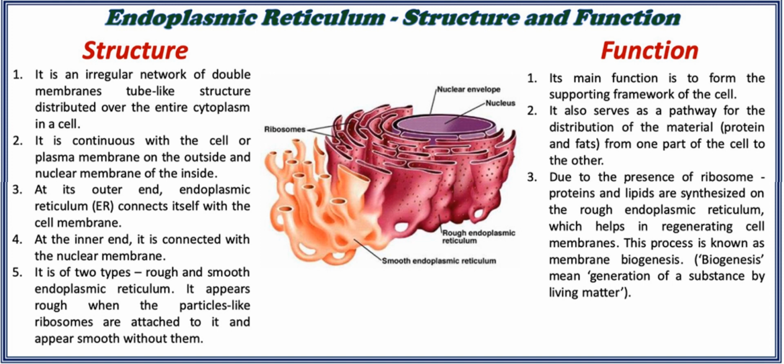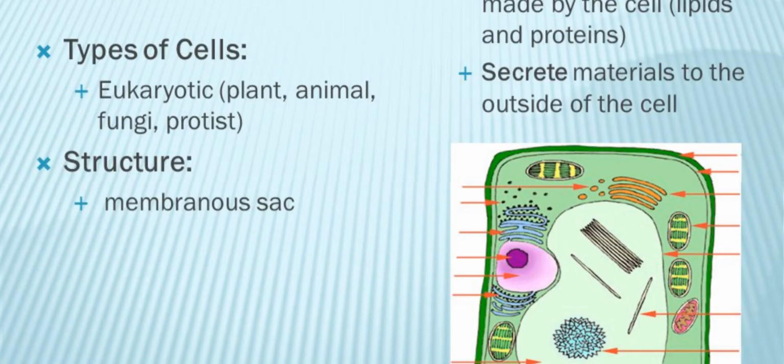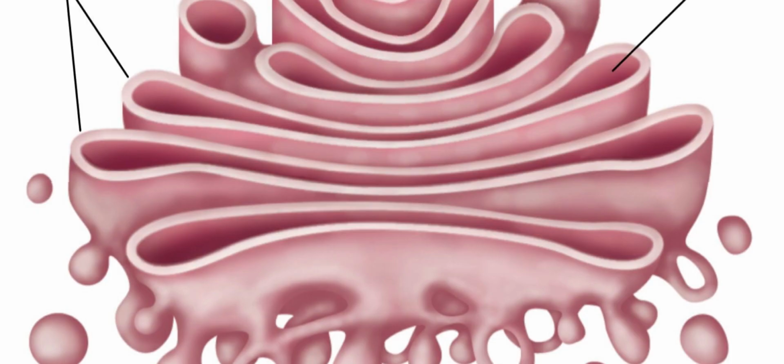The protein formed by the ribosomes and packed by the rough endoplasmic reticulum is transported by the vesicles to the Golgi bodies, also known as Golgi apparatus. Golgi is the name of the scientist who discovered the Golgi bodies. Remember that Golgi bodies are the port of the cell where things are collected, packed and exported.